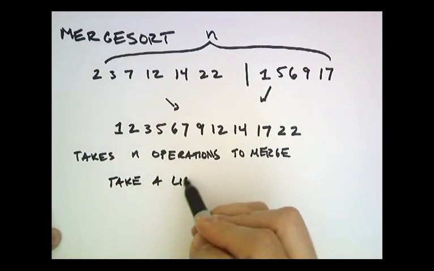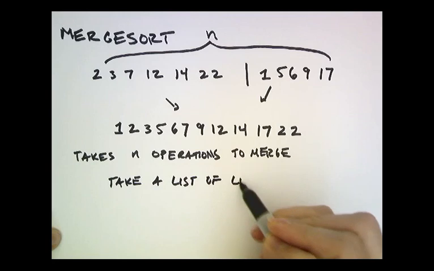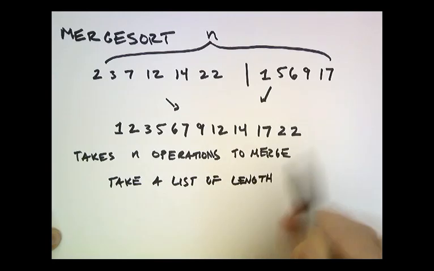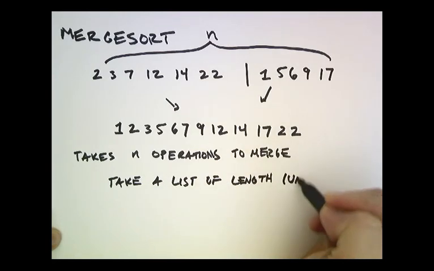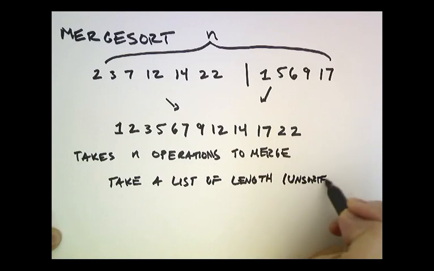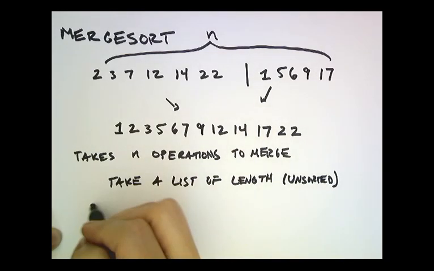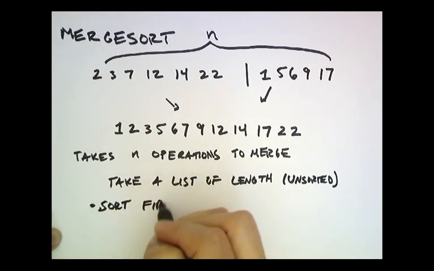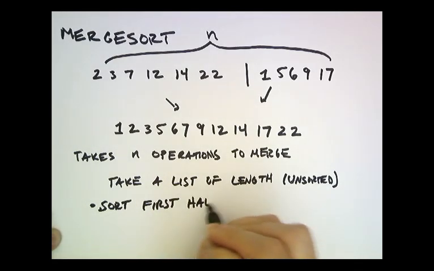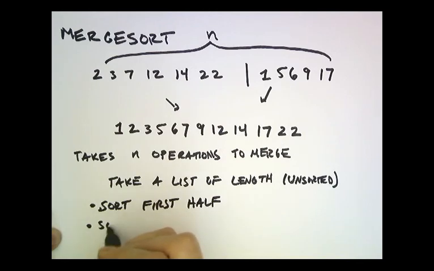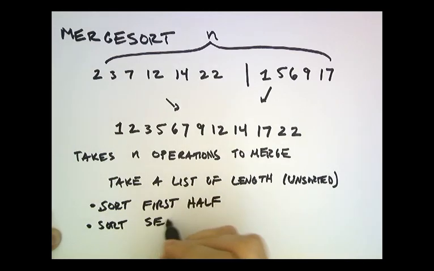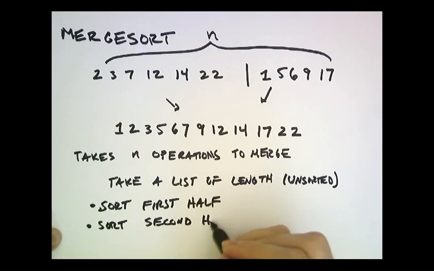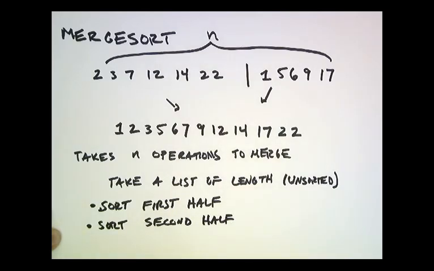Take a list of length n, unsorted, then recursively sort the first half, sort the second half, and once we have a first half that's sorted and a second half that's sorted, we can merge them.